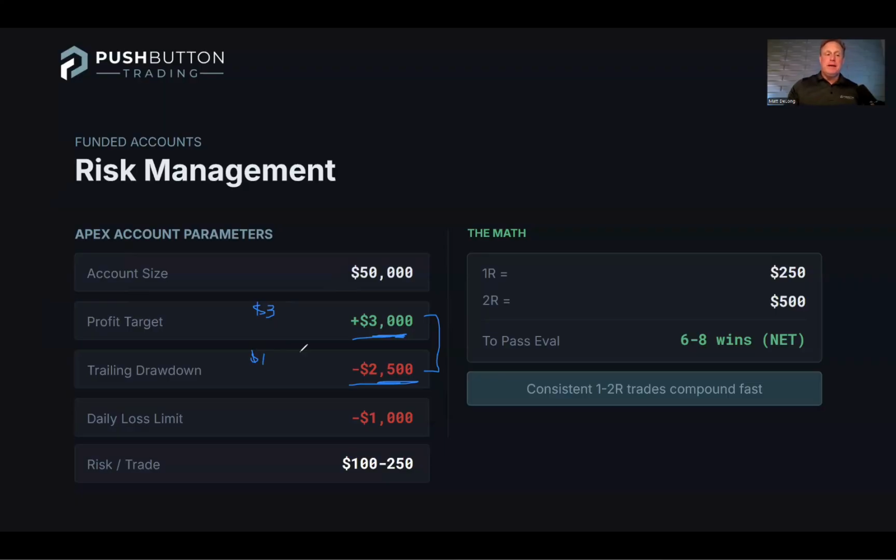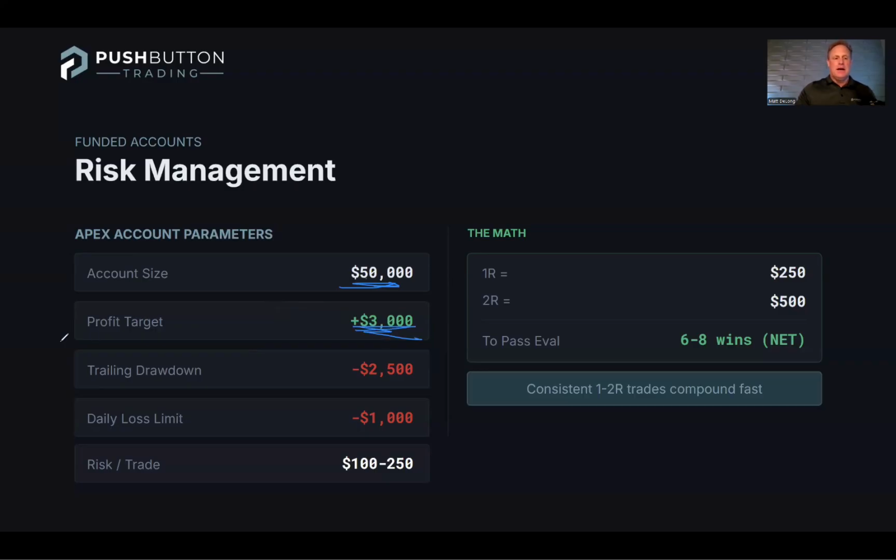As you guys can imagine, that becomes significantly more difficult when you have to not make $3,000 profit, you have to make a 20K profit. It's like the difference between walking on a sidewalk and walking on a tightrope. They're similar, but they're very, very different, okay? You're walking, but it's just very, very different. Again, that's why I prefer getting something you can get funded fairly quickly, fairly easily.